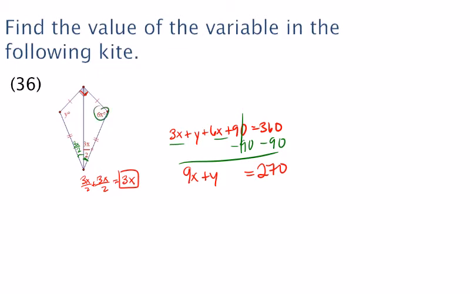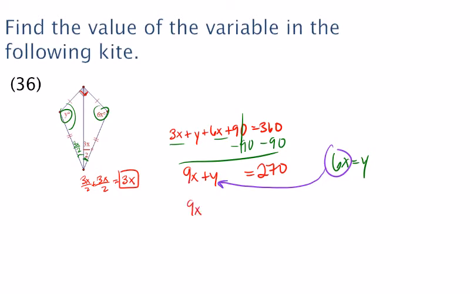So remember that we know that these angles that are formed by the non-congruent sides are congruent with one another, right? So I could say that 6x equals y, right? So what I can do is use substitution and input 6x in for y.